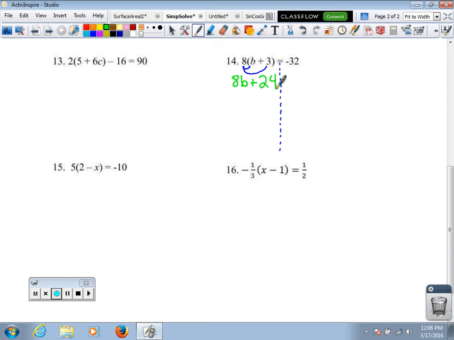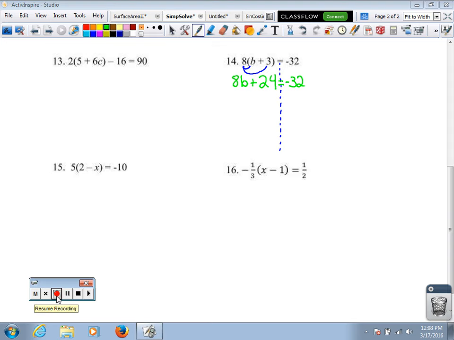Bring down the plus sign. 8 times 3 is 24. Now we keep our equal signs lined up. That's the whole point of that vertical line. And I haven't done anything to negative 32, so negative 32 falls right down to the next line. Well, that's simplified. I can't simplify that any more than it is. I have two terms, a variable term and a constant term.